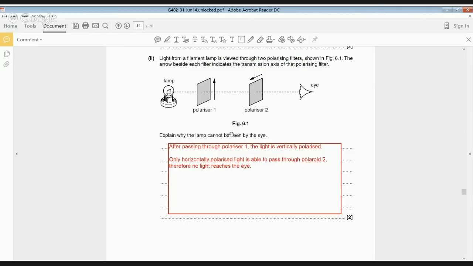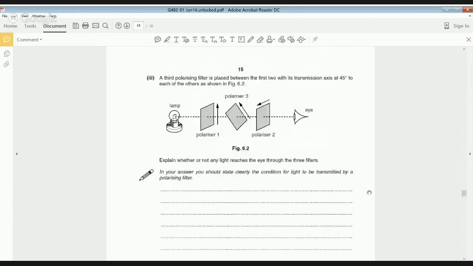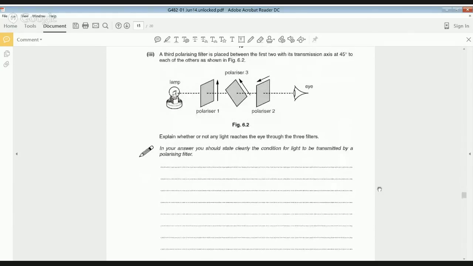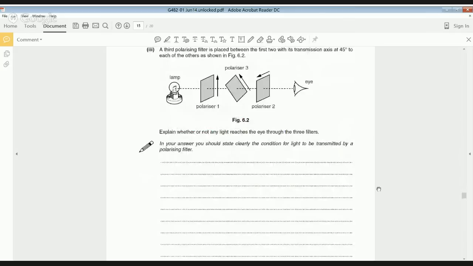It's worth bearing in mind the mark scheme requires you to use words such as vertically and horizontally, or words to that effect. Clarity is all important there. Part 3, a very strange phenomenon, and one that perhaps is counterintuitive.